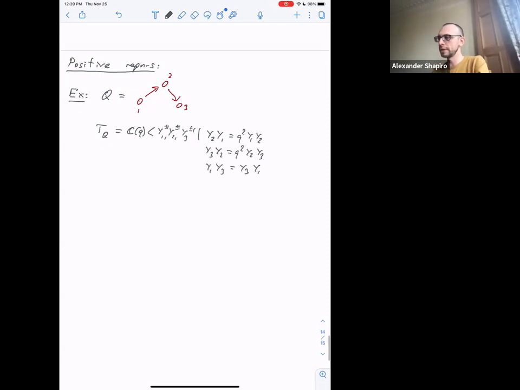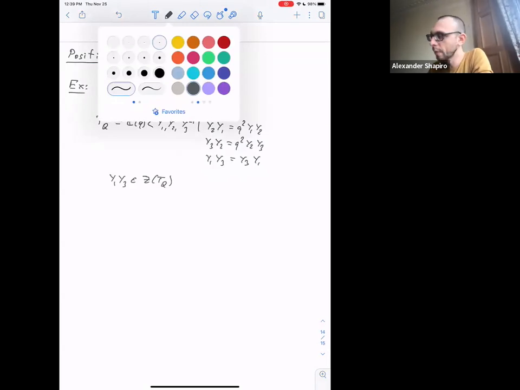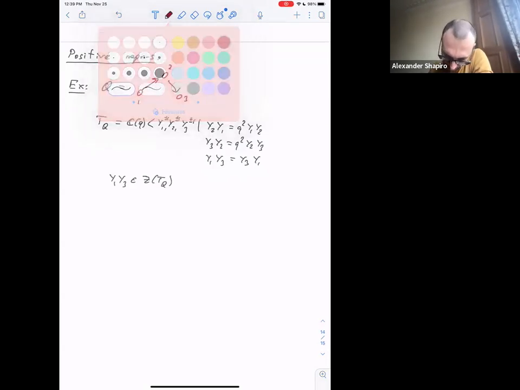And moreover, we can see that the product Y1 Y3 is actually an element of the center of our quantum torus T_Q. So that is a Casimir.